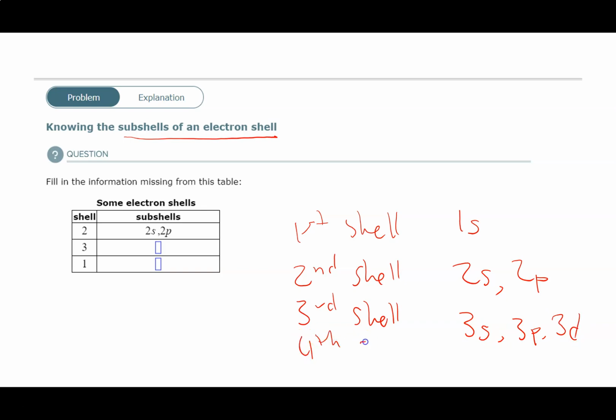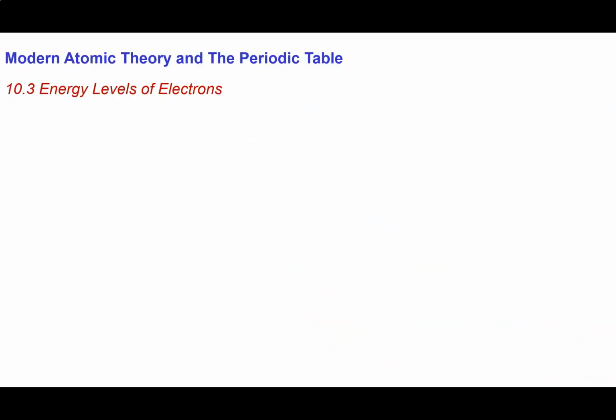And the fourth shell is, you guessed it, 4s, 4p, 4d, and 4f. And if I went to the 5th and the 6th, it would be the 5s, the 5p, the 5d, the 5f. So the third shell in here is going to be 3s, 3p, 3d, which is separated by commas. And then the first shell is simply 1s. So that's pretty straightforward.